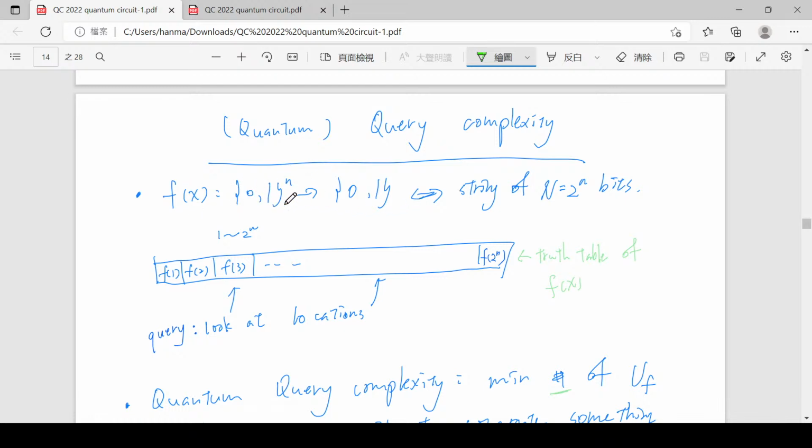There are 2 to the small n possible input values, and each one of them has 1 bit of output. So you write down f of 1, f of 2, up to f of 2 to the n, and you get a big N-bit string, right?